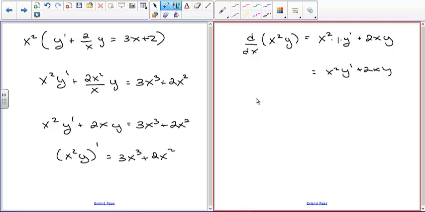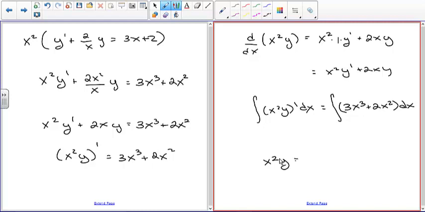And then what you can do is multiply both sides by dx and integrate them. Like that, when you integrate this thing, it just becomes the term in the parentheses. So that integral is a piece of cake.